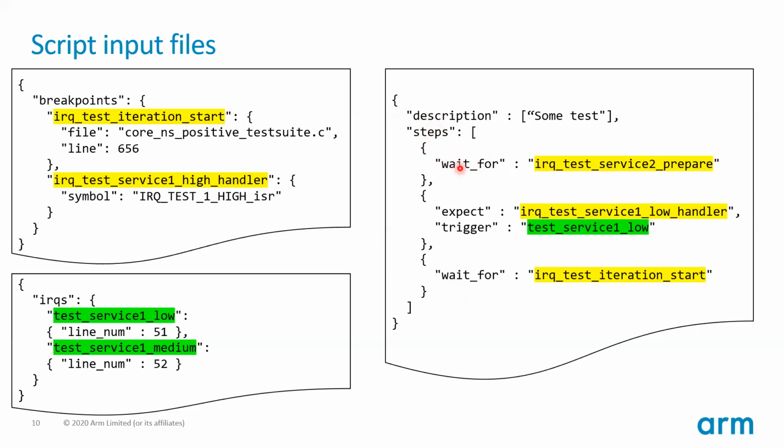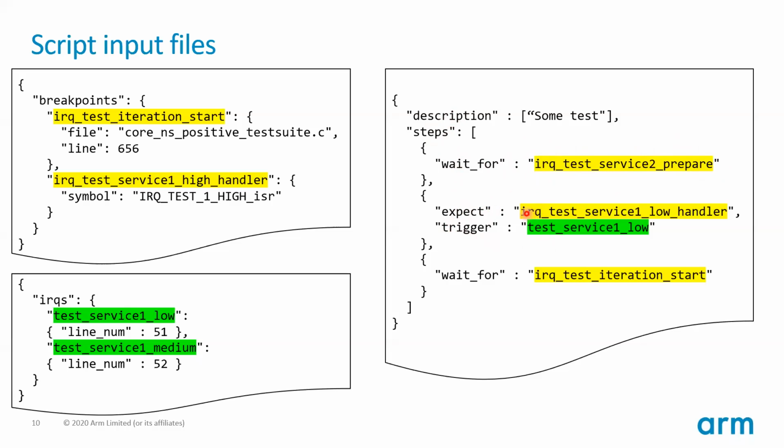The first step is simply to wait for a certain symbol or certain point in execution. This specific breakpoint, I think, is in a secure service. When the script is started, the breakpoint is set for this location and the target is continued. And when the target next stops, we go to the next step.